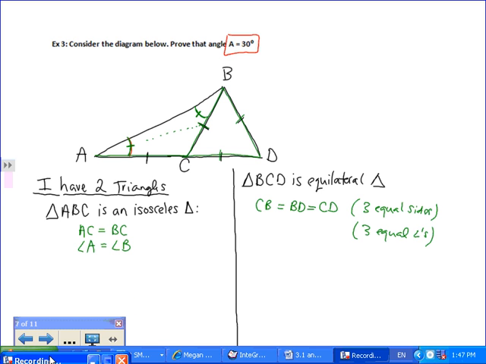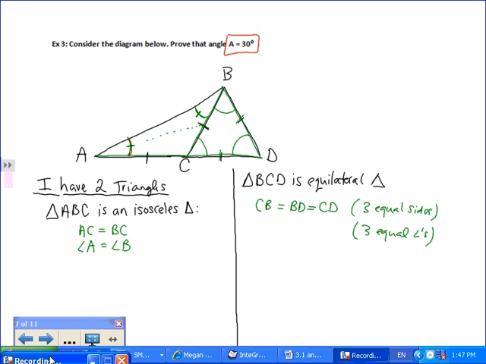Well, if there are 3 equal angles, that tells me that the 3 angles, angle B, angle BCD, and angle D, must all equal 180 degrees when added together. And if they're equal, each one is a third of 180 degrees.